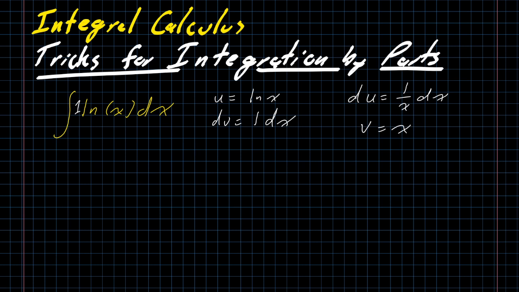So I need u times v, x times natural log of x, minus the integral of v du, x times 1 over x dx.